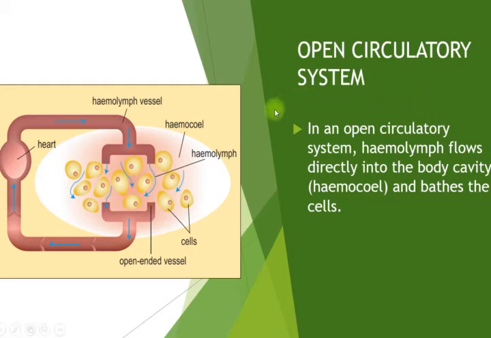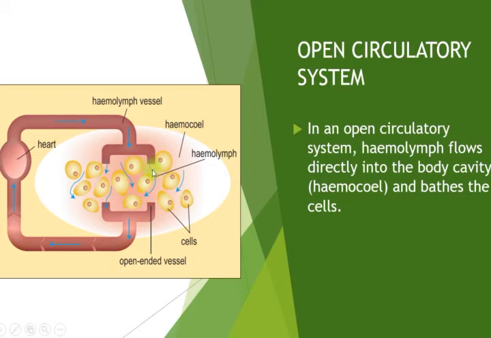So the open circulatory system has hemolymph. It is a liquid substance. For humans we have blood, but for insects they have hemolymph. Hemolymph flows directly into the body cavity and bathes the cells.